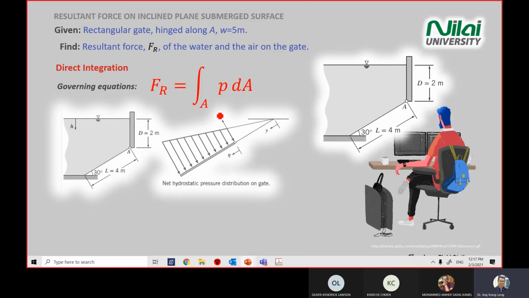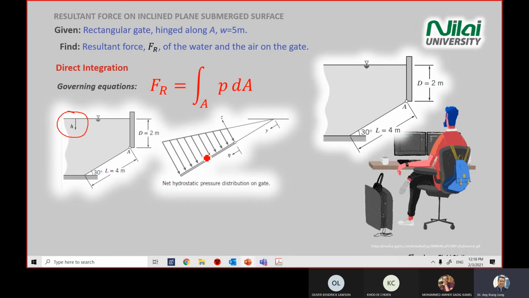All right. Now we need to draw a free body diagram or a force diagram. We transfer our question diagram into the one that you see on the screen here. For the left diagram, you need to know that your positive H value is going down, and as you go deeper, the pressure is increasing.